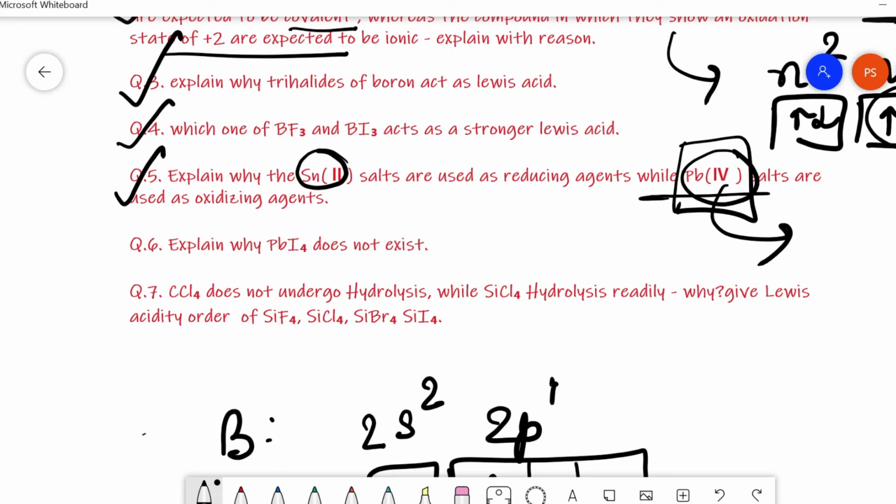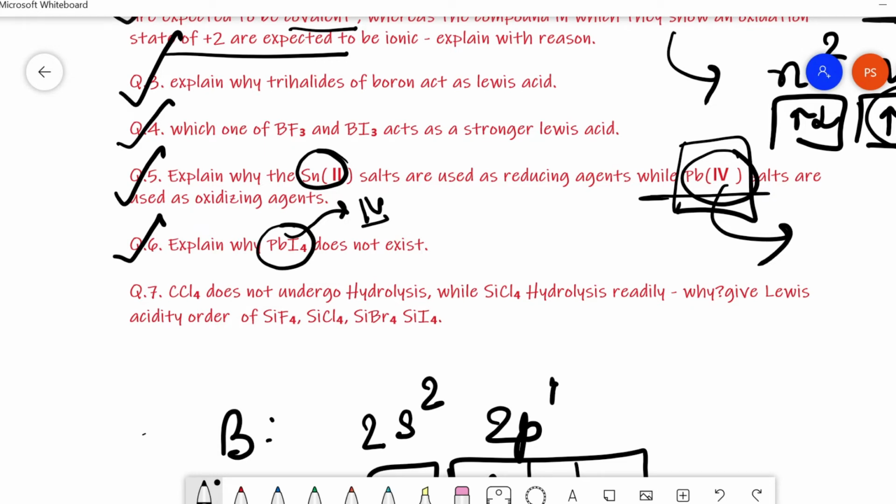Now, the next question is: explain why PbI4 does not exist. The reason is, lead is in the plus 4 oxidation state, which is an unstable oxidation state. Not only unstable, this is the highest oxidation state.